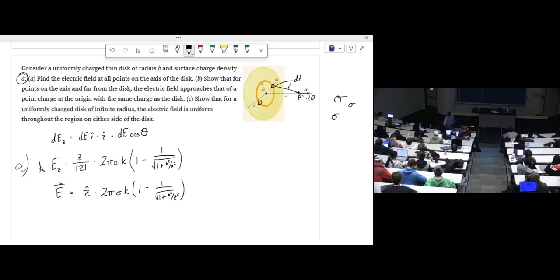Or written as a scalar, which is how it's written up here, that is to say that when you are above the plane, when you are along plus z, your electric field is in the positive direction. But when you go below the plane, if you were down here, then the electric field is going to point in negative z. So E would look something like this.